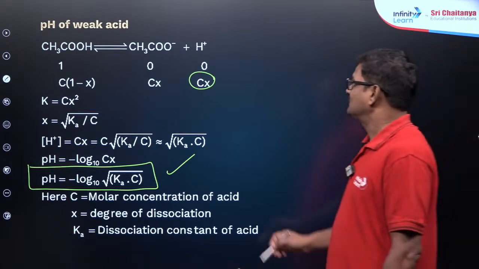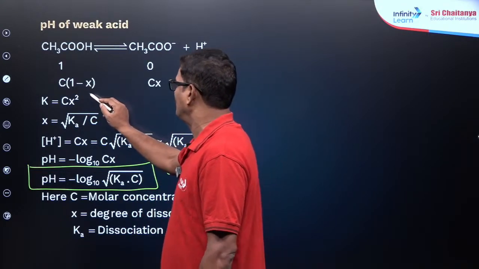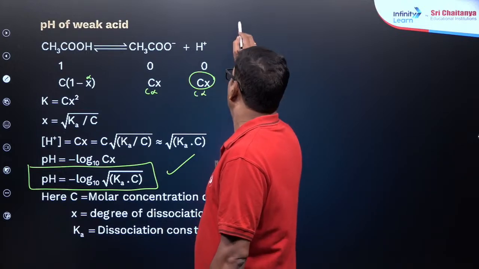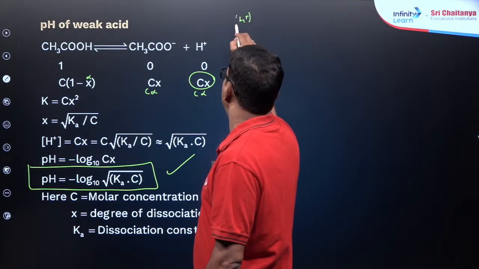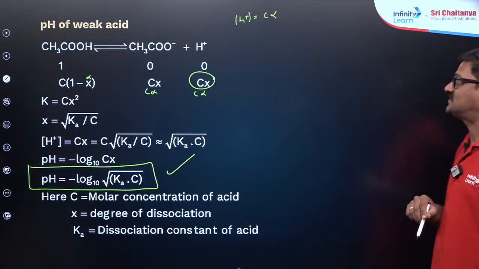Applying Ostwald dilution law, you can say C of 1 minus alpha. H plus concentration is equal to C alpha. You should have a super command on these derivations.